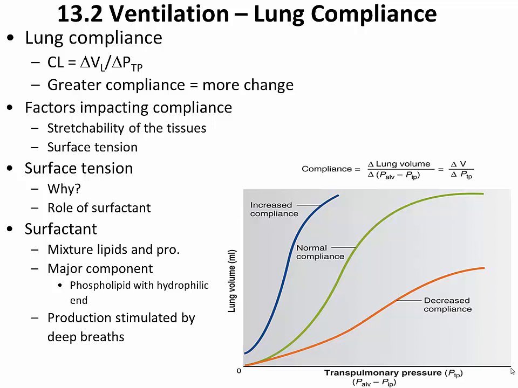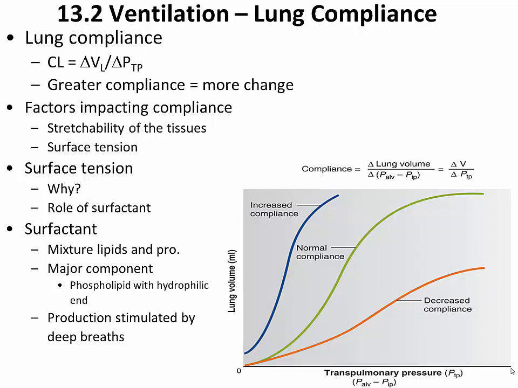And so surfactant is absolutely necessary for life, because lung compliance would be so low without surfactant that it would be very hard to even take a single breath, and eventually you would become exhausted and it would be impossible to breathe without the presence of surfactant.